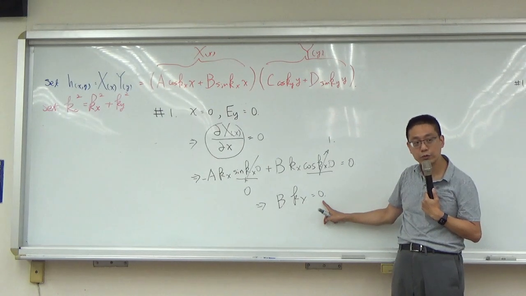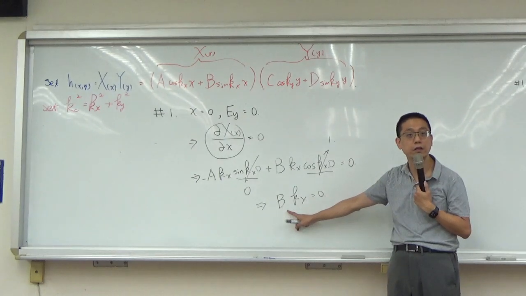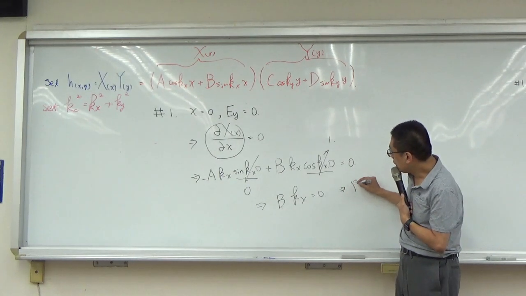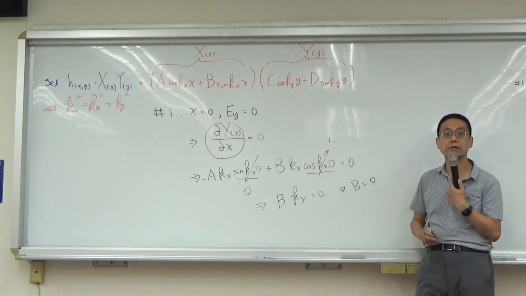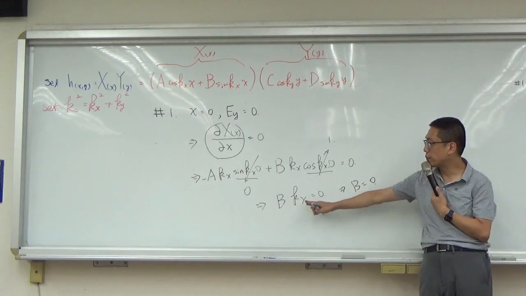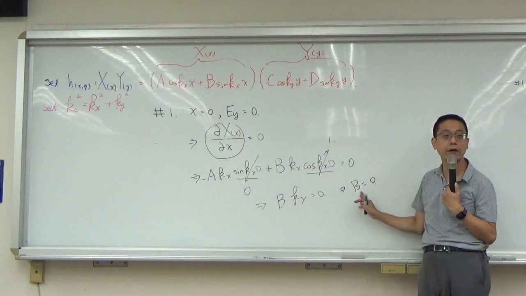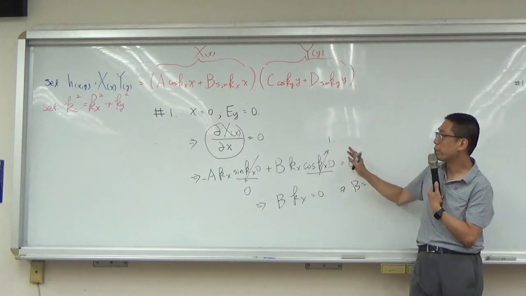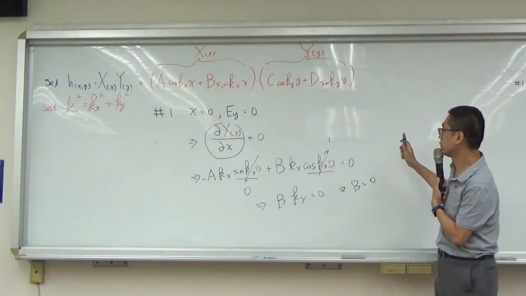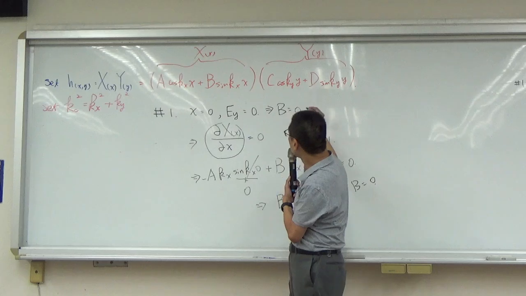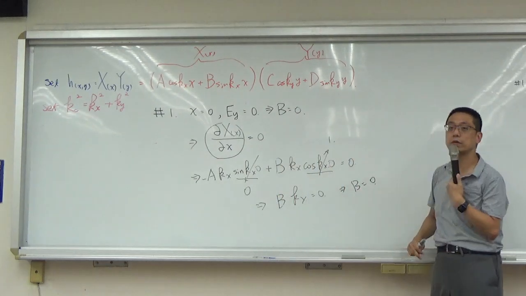Okay. We try to solve what is A, B, C, D. So here we know B equals to 0. This one, we try to calculate later. But we don't know B, right? So from boundary condition 1, we obtain B equals to 0.